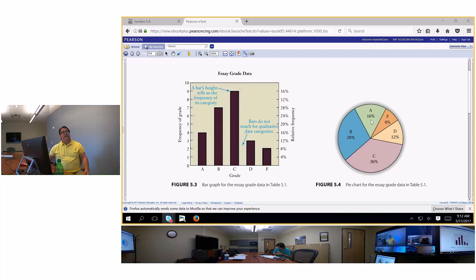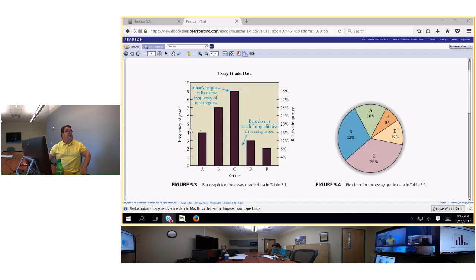But it could be $150, and you'd have to multiply $150 times each one of these, 0.28, 0.16, 0.08, 0.12, and 0.36. Now again, that's just a kind of a run over, but you should be able to read a chart and you should be able to work a chart.